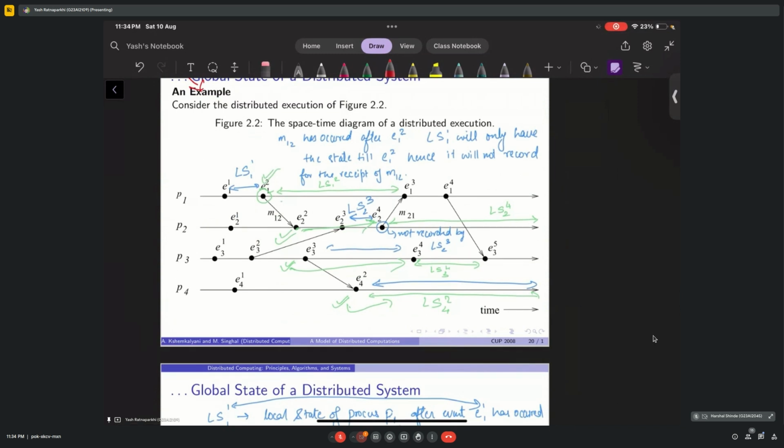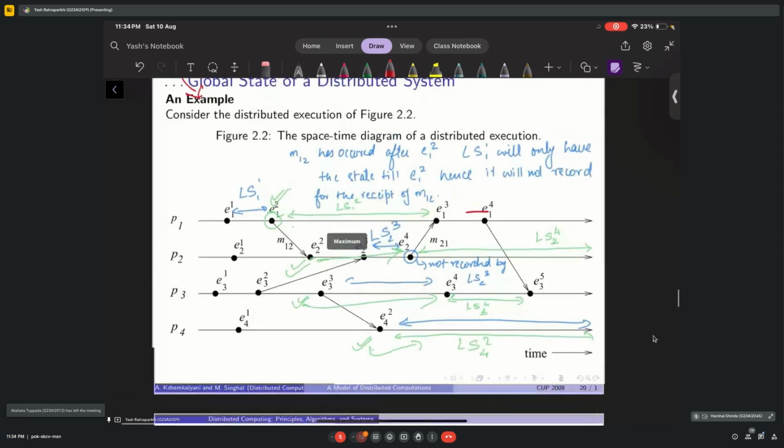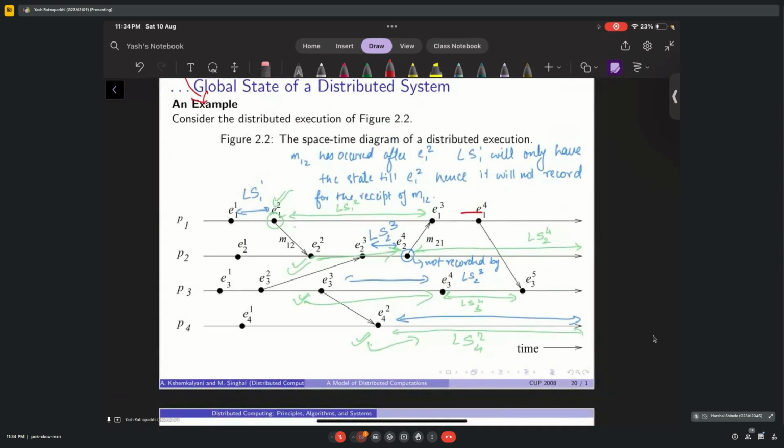This is again a state, and I am saying M12 has occurred before E12. Okay, understand this graph. Let me clear this to make you understand.